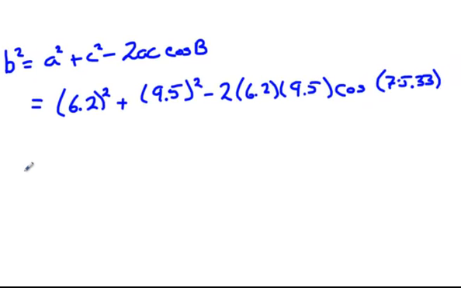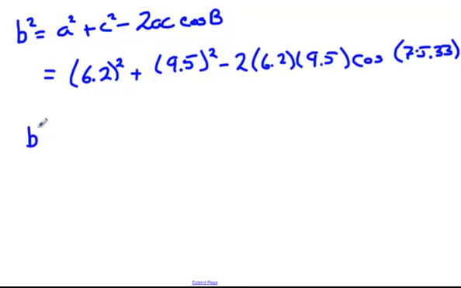All right, if you put all this into your calculator, we're going to end up with a B squared which equals 98.86. When we take the square root of both sides, B is then just going to equal 9.94.